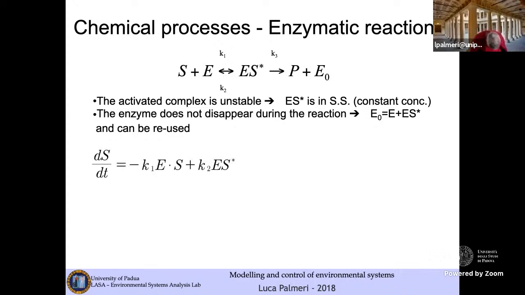Plus the reverse reaction, K2, times the concentration of the activated complex ES star.